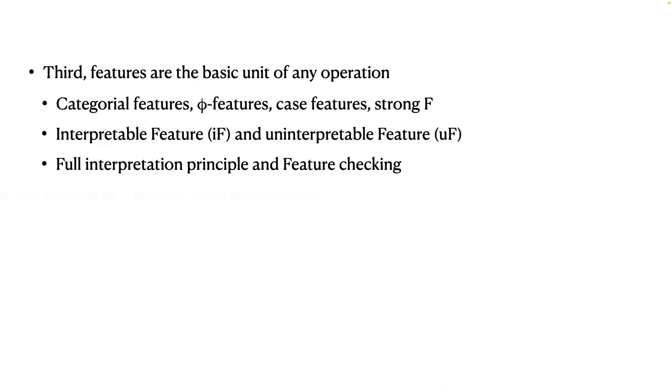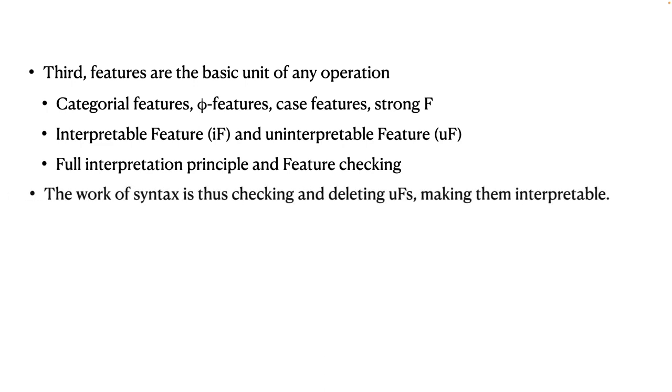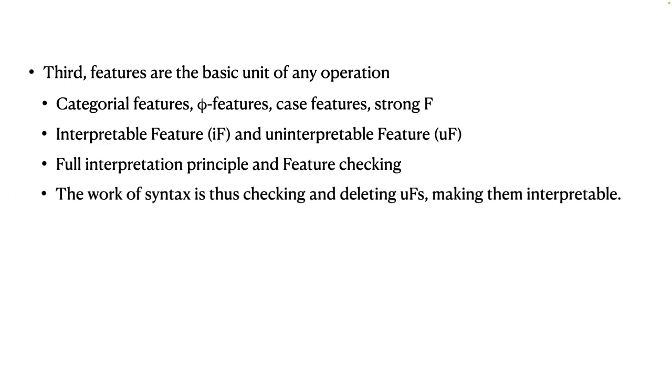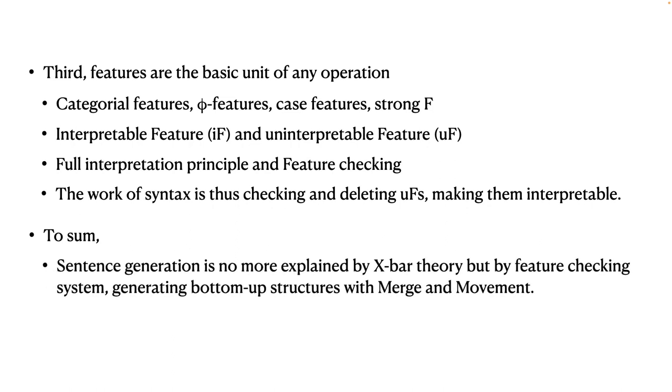Therefore, it can be seen that the work of syntax is to make the sentence interpretable by checking and deleting these uninterpretable features. So far, we have looked at how the previous GB theory has been minimized under the minimalist program. Sentence generation is no longer explained by X-bar theory, but by a feature checking system, generating bottom-up structures with merge and movement.